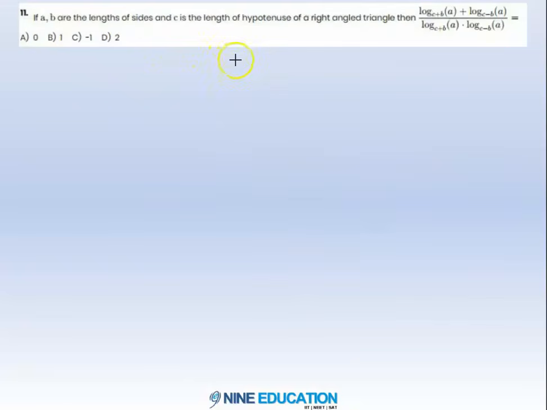Question number 11 is, if A, B are the length of sides and C is the length of hypotenuse of a right angle triangle, then there is a log expression that is given to us. So C can be written as square root of A square plus B square.